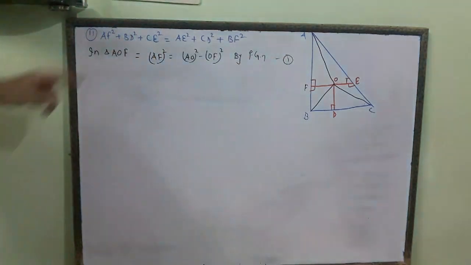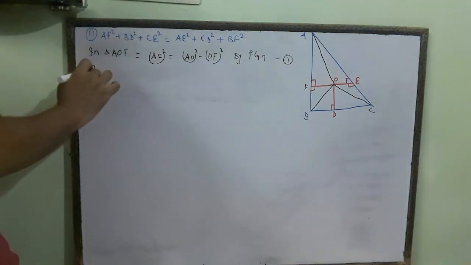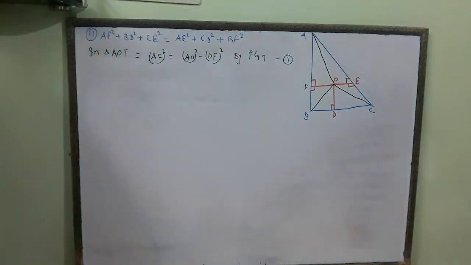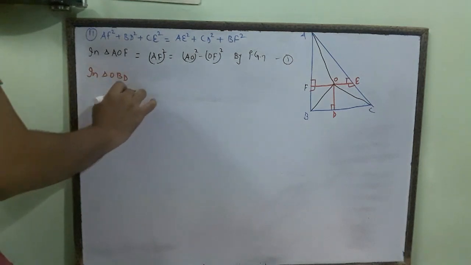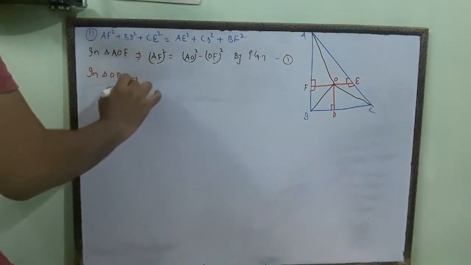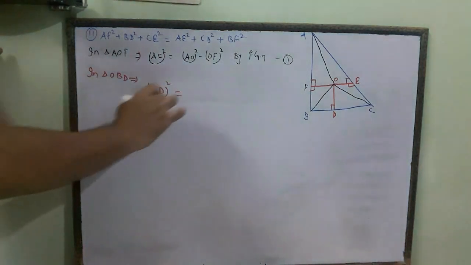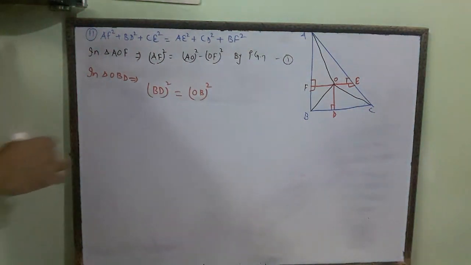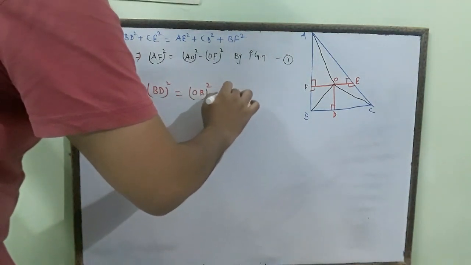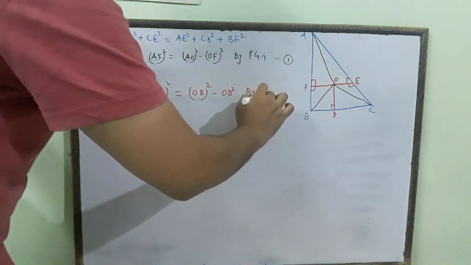This is equation 1. For BD, in triangle OBD, BD square is equal to OB square minus OD square by PGT.